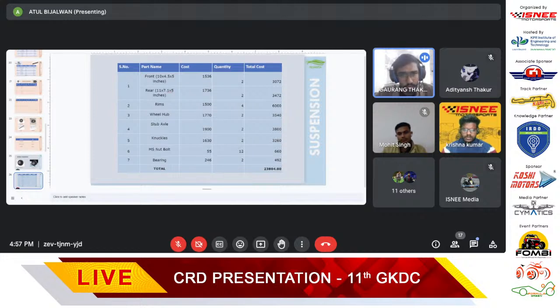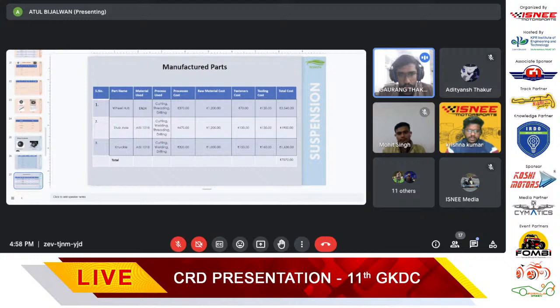We manufactured wheel hub, stub axle, and knuckle there. The total cost for wheel hub came out to be 3540, for stub axle 1900, and for knuckle 1630.